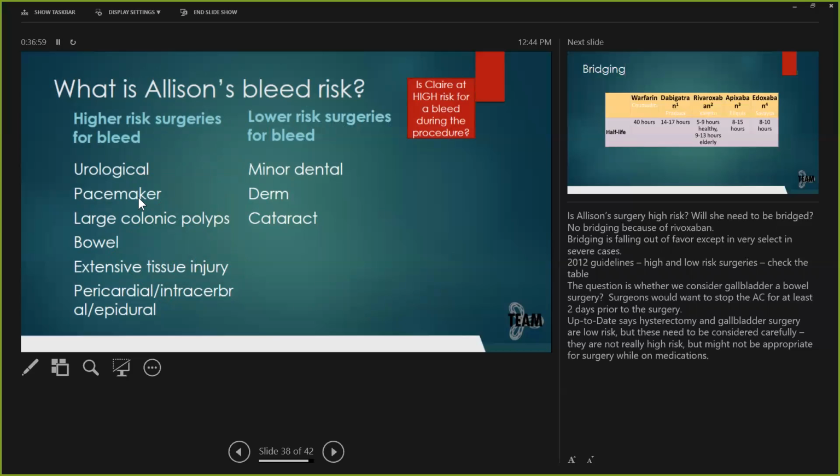Sometimes if a patient is high risk, very obese, or had a recent blood clot, I tend to bridge them still. I don't consider them low risk. It depends on the surgery and the other risk factors for the patient. Those two surgeries, hysterectomy and cholecystectomy, are put under the low risk category, but you need to be careful.